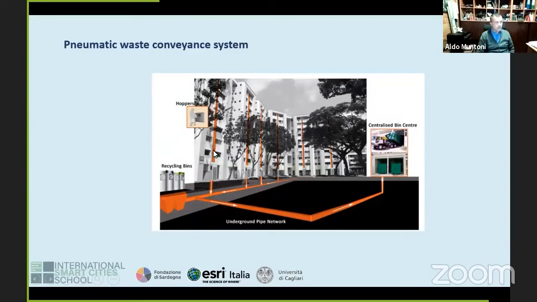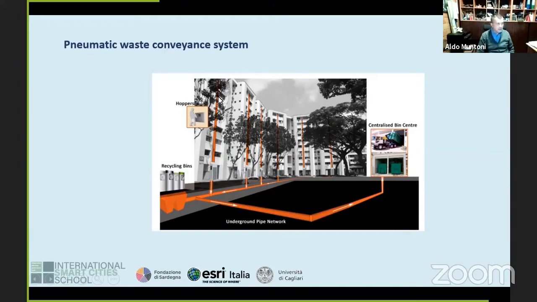We also studied more complex systems, and I don't know if you ever heard about this system. This was an attempt to implement the pneumatic waste collection system.